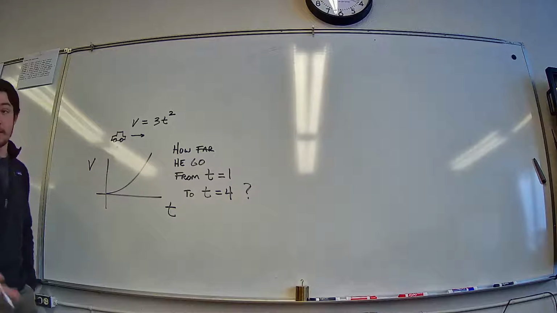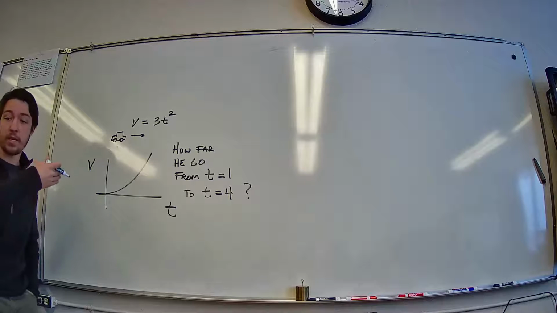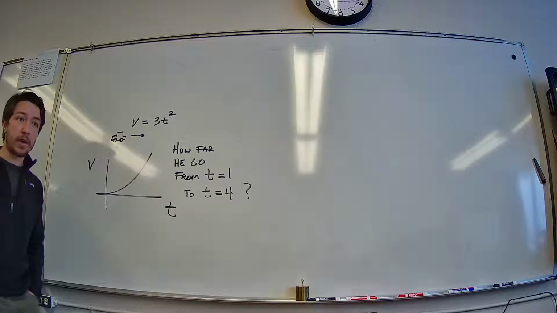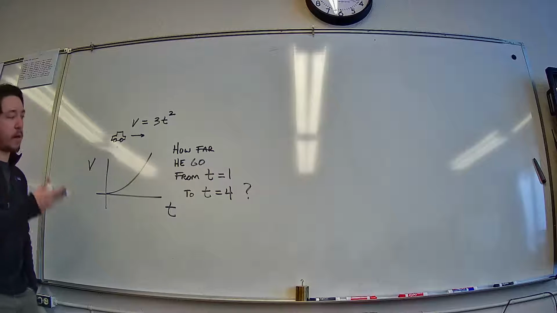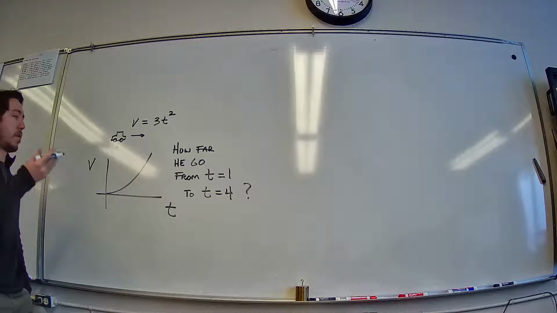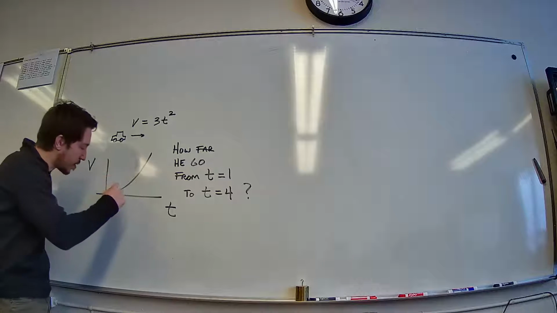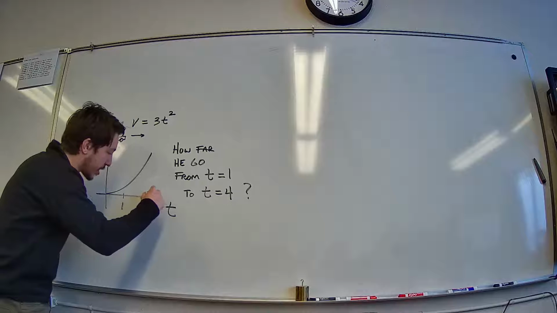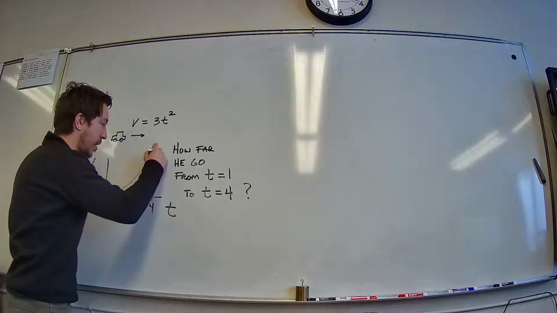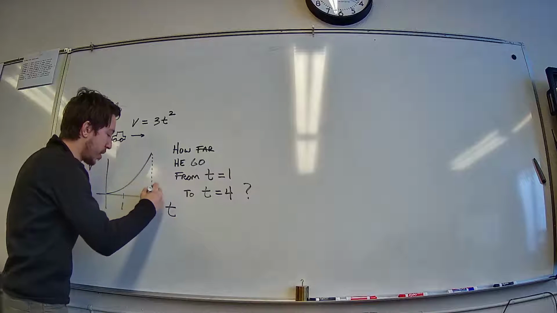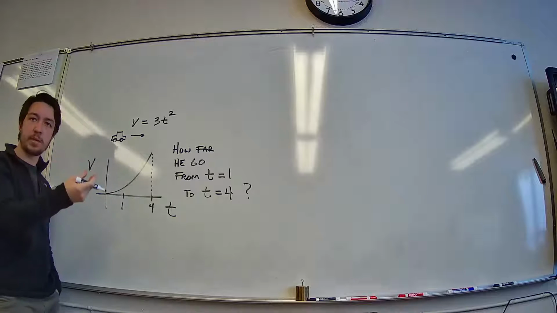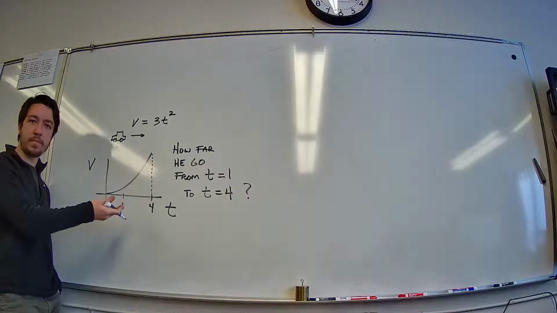It's not an easy question, right? Because his speed is changing all the time, so it's not obvious how far he would travel. Anyway, in physics, what we do is we say, here's time 1, here's time 4. And isn't distance, like displacement, velocity multiplied by time?